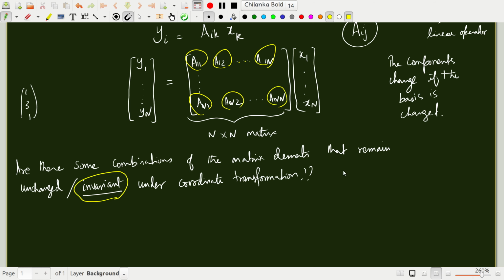The answer is yes, and one of those invariants is the trace of a matrix, which we saw in the last lecture. The trace of a matrix is simply the summation of all the diagonal elements of a matrix. Trace is an invariant.